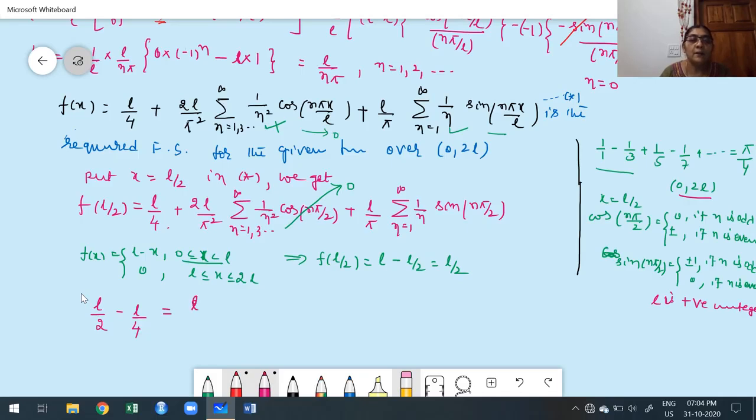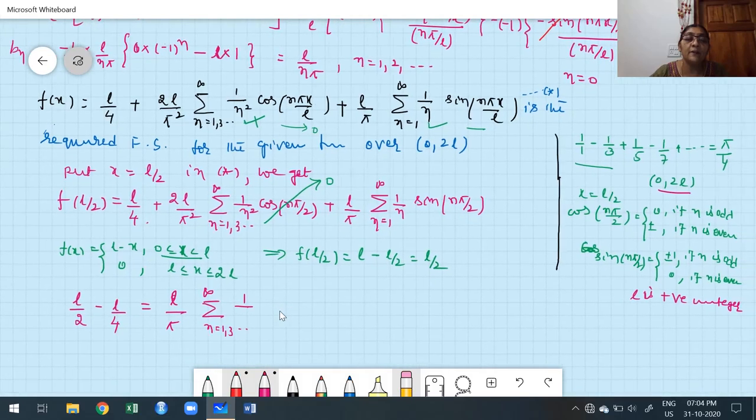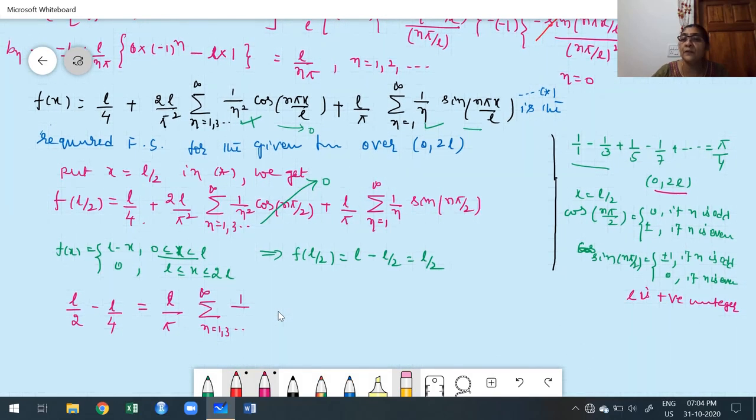What we get is L by pi, and this is nothing but only odd values 1, 3, etc. to infinity, because then only we get plus or minus 1. In the rest of the cases, for even n, sine of n pi by 2 is 0. Now here 1 by n sine of n pi by 2 equals L by 2 minus L by 4.